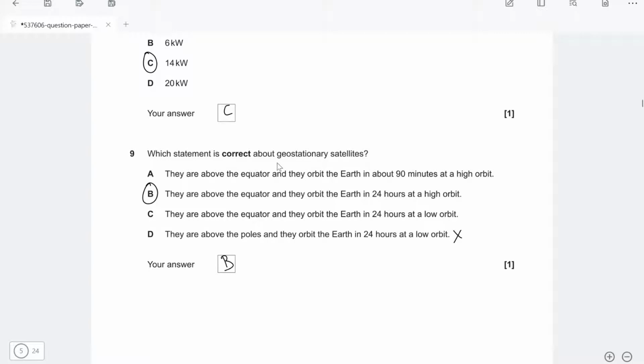So it means that we don't have to adjust satellite dishes. They're always pointing at one location somewhere in the sky, as the satellite is moving at the same speed compared to an observer on Earth. So it always remains fixed in the sky. So it's 24 hours. In order to achieve that, they need to get to a pretty high orbit. Therefore, the correct answer will be B.